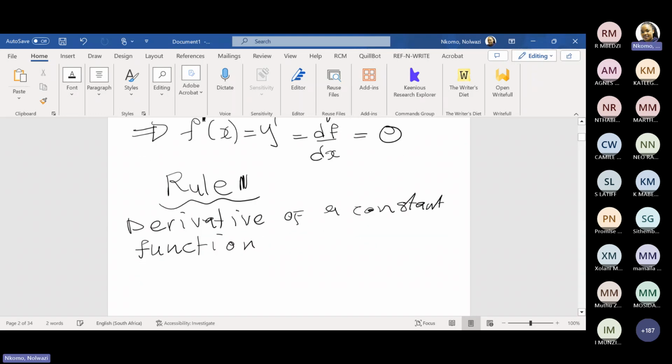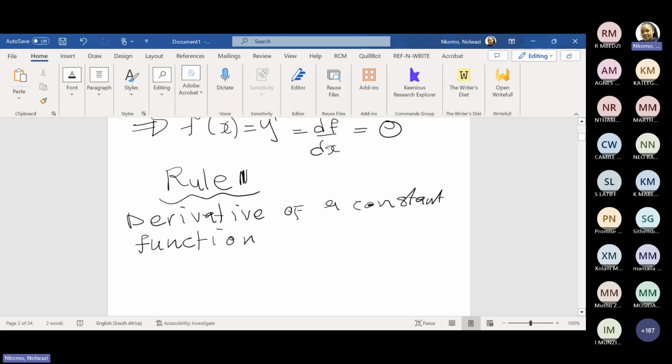I will write the derivative as d over dx. Remember, I said you can use this notation again to represent the derivative. Okay, so this is our rule 1.